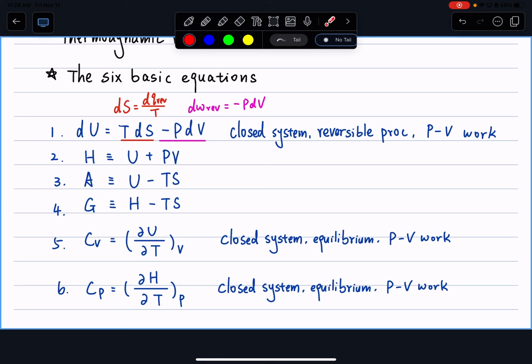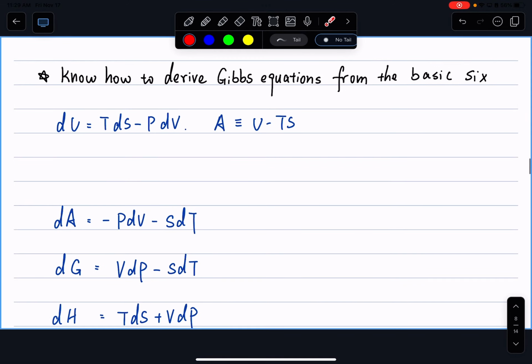From there, we did a quick derivation to find the relationships, like what is the derivative of your state functions U, H, A, and G. These are the 4 types of energies we consider in thermodynamics. The way to do it is we start from dU equals TdS minus PdV.